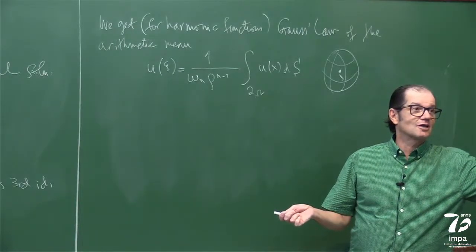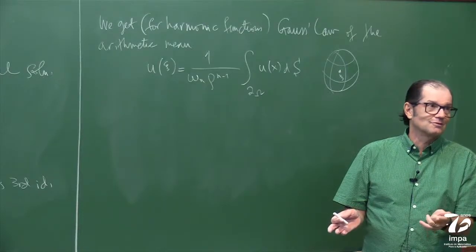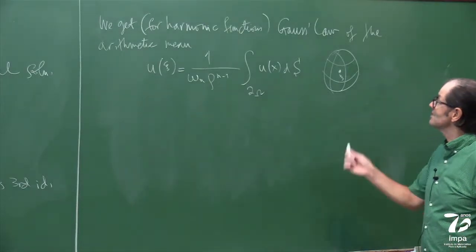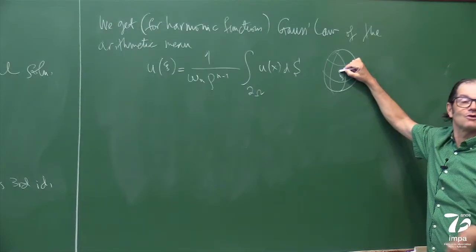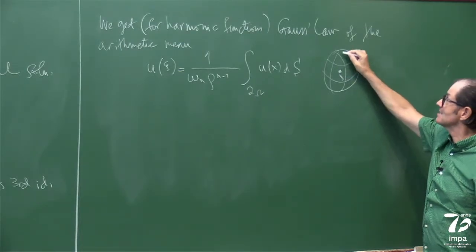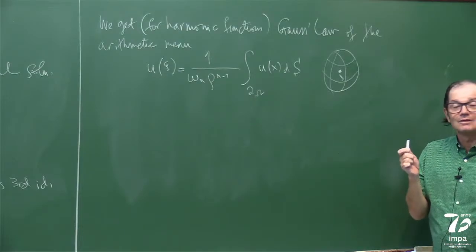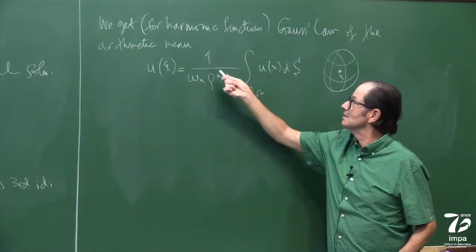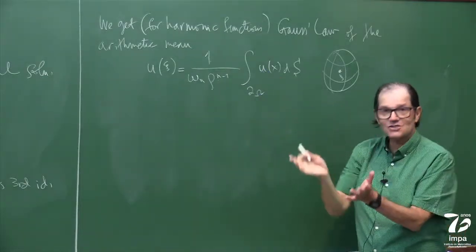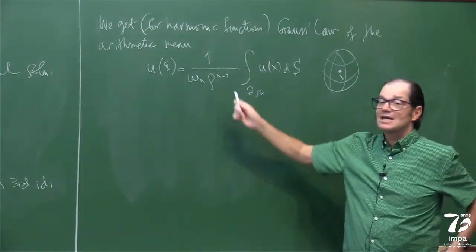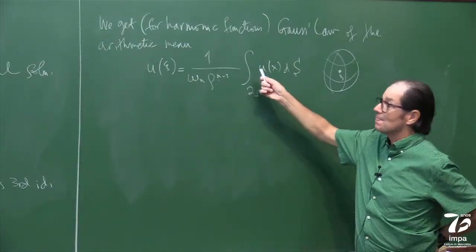But if it's stationary, if you reached equilibrium, it's just Laplacian equal to 0, right? So this says that the temperature or some potential at the center of the ball is equal to the mean of the guy over that spherical shell. This is the area of the spherical shell, so the mean is, right?